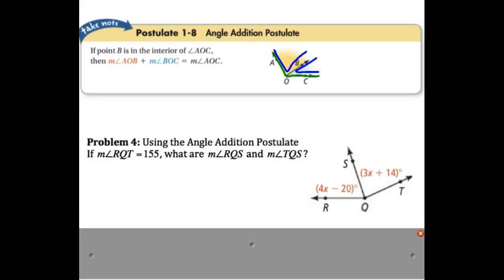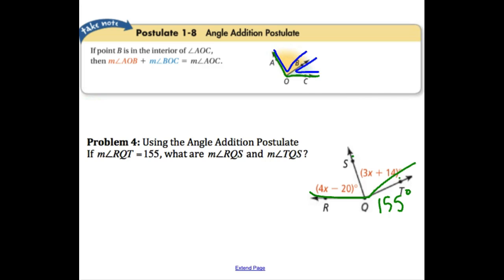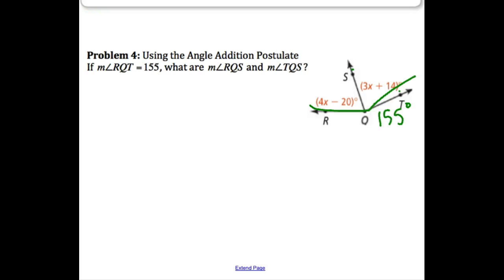So it says, using the angle addition postulate, if the measure of angle RQT is 155, what are the measures of angle RQS and angle TQS? Let's find these angles. RQT is this entire angle. It's 155 degrees. RQS and TQS are two angles that make up the entire thing, which means that together they should be 155 degrees. So we can take their measures, which are these expressions, and add them up.